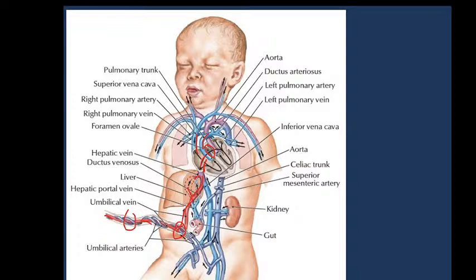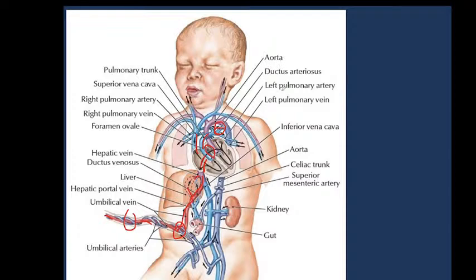Another special feature of fetal circulation is that the pulmonary trunk is connected to the aorta by way of the ductus arteriosus.